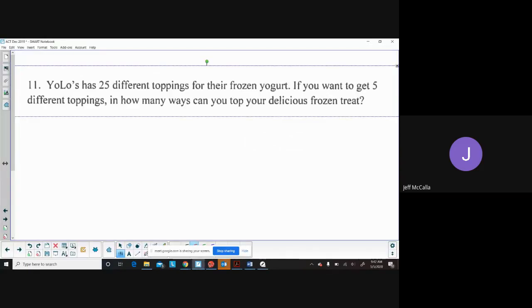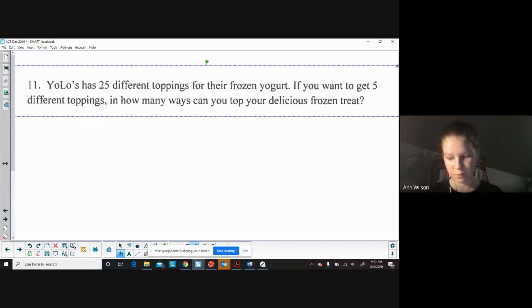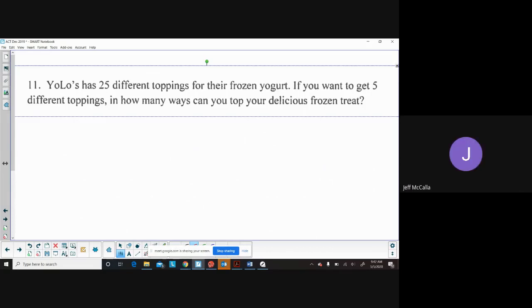Okay, so if you want to get 5 different toppings, how many ways can you choose? The big question you have to ask is: is order important or not? No, so order is not important. So what method do we have available? There's really only one method.